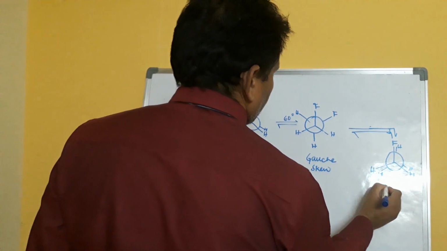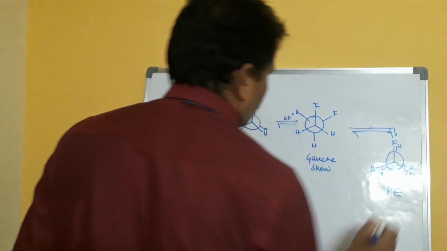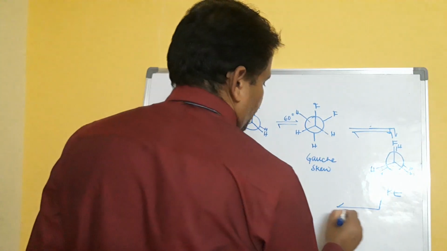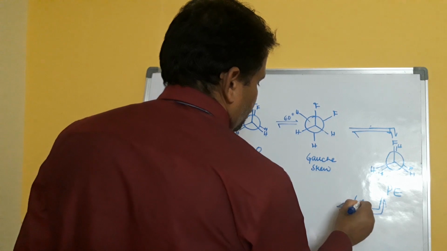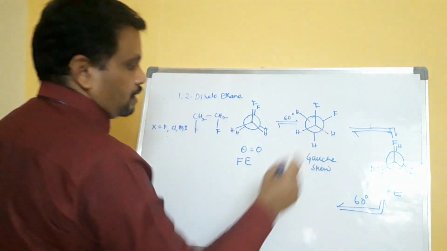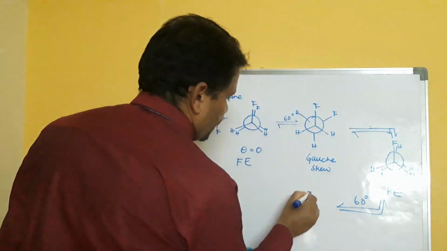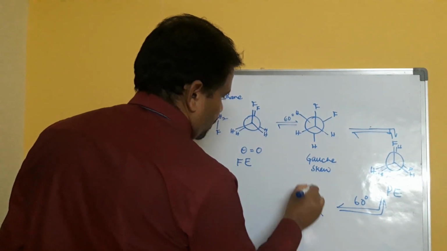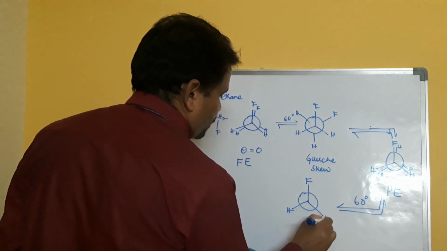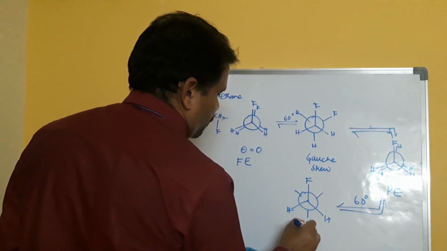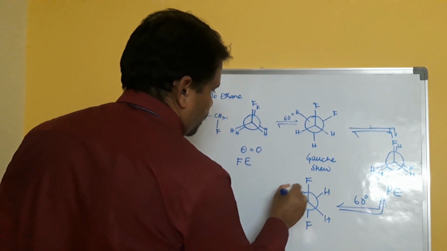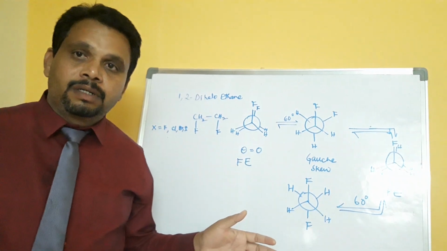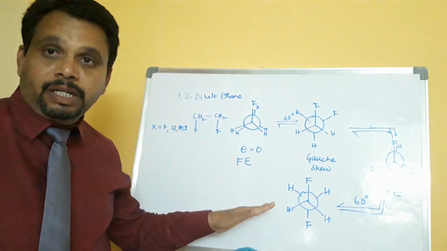This is the partially eclipsed conformer. So again, if you rotate 60 degrees, you will get fluorine, hydrogen, hydrogen, fluorine, hydrogen, hydrogen. So these are the 4 possible conformers which can be isolated.